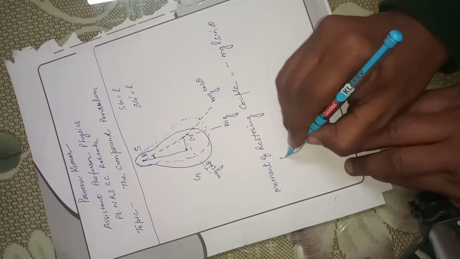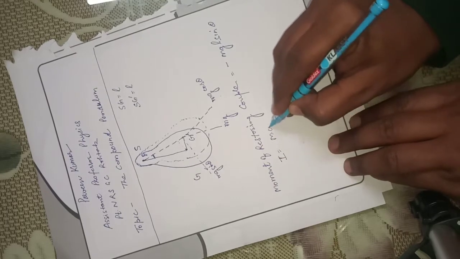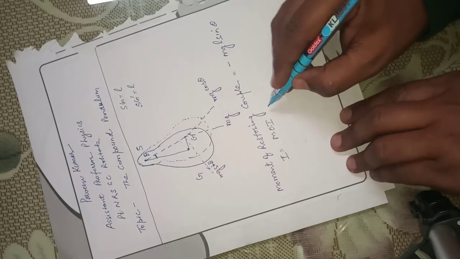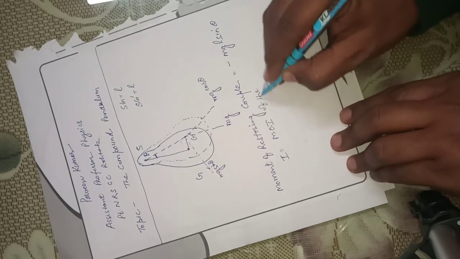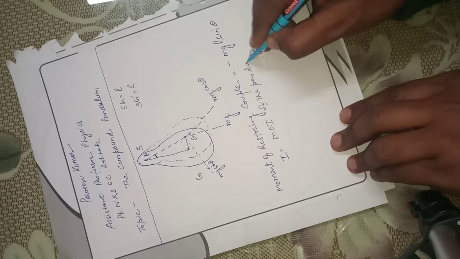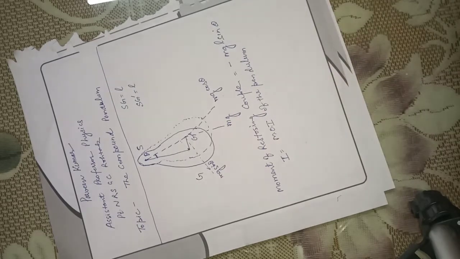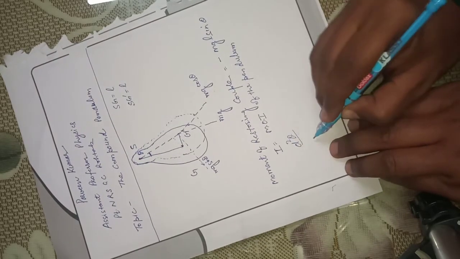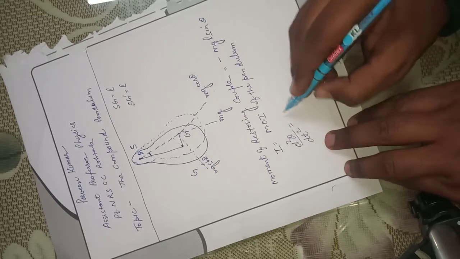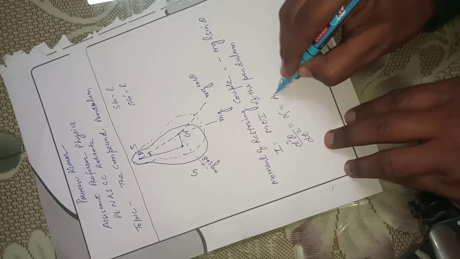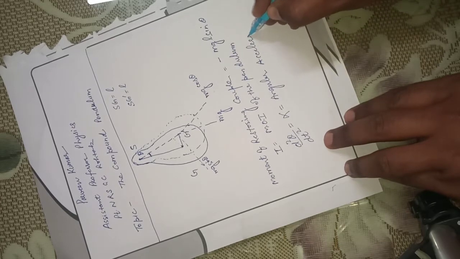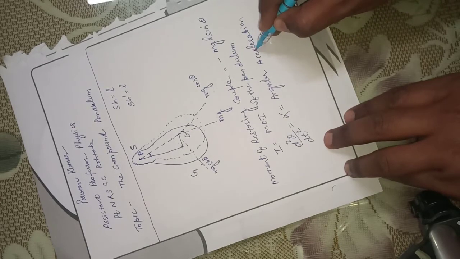Let I be the moment of inertia of the pendulum about the axis of suspension through S, and d square theta by dt square is alpha, the angular acceleration.